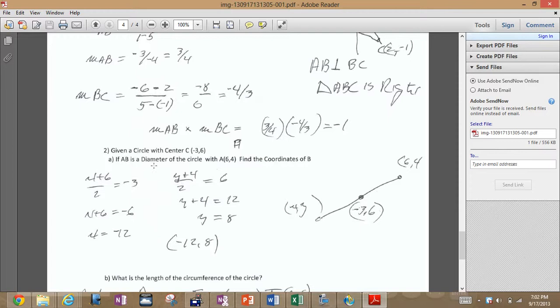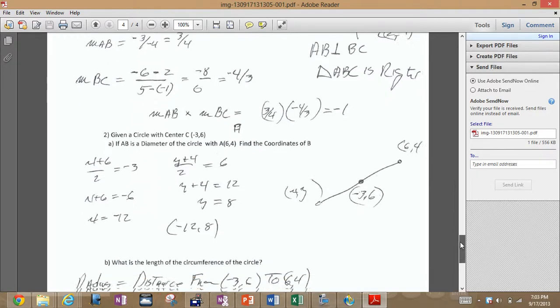We use the midpoint formula. X plus 6 divided by 2 is equal to -3. Simply solve. -12. And then likewise for the y coordinates, y plus 4 over 2 is supposed to equal 6, so y is equal to 8. The point is -12,8.